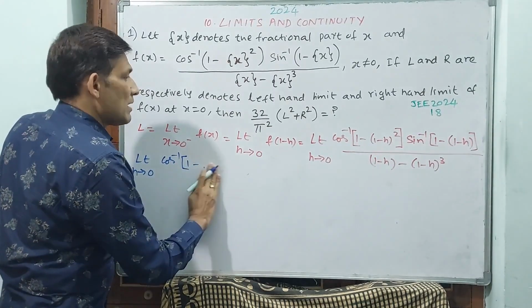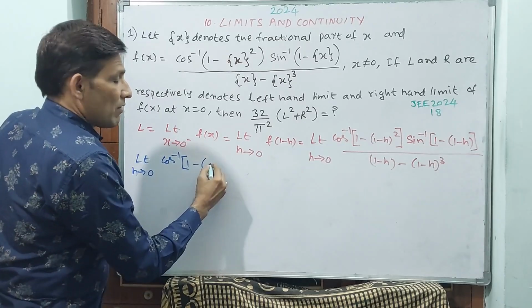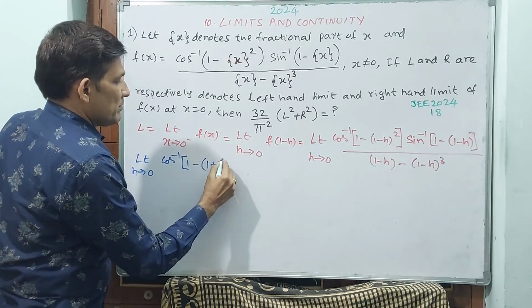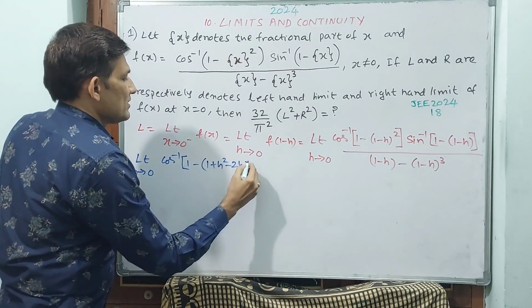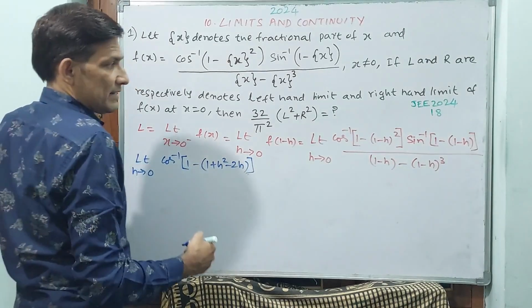Don't confuse, I am writing like this: 1 minus (1 plus h square minus 2h). Afterwards we will open this bracket.